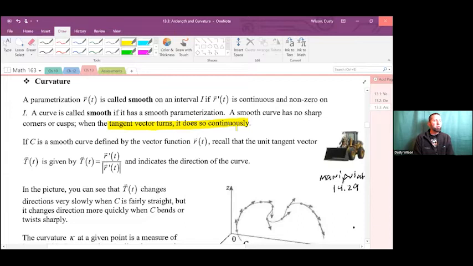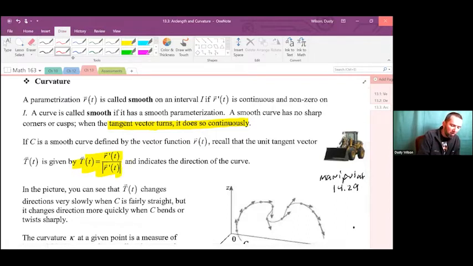So if C is a smooth curve defined by the vector function r of t, recall that the unit tangent vector, big T of t, is given by r prime of t divided by the magnitude of r prime of t. Remember, this formula is one that you should have memorized.